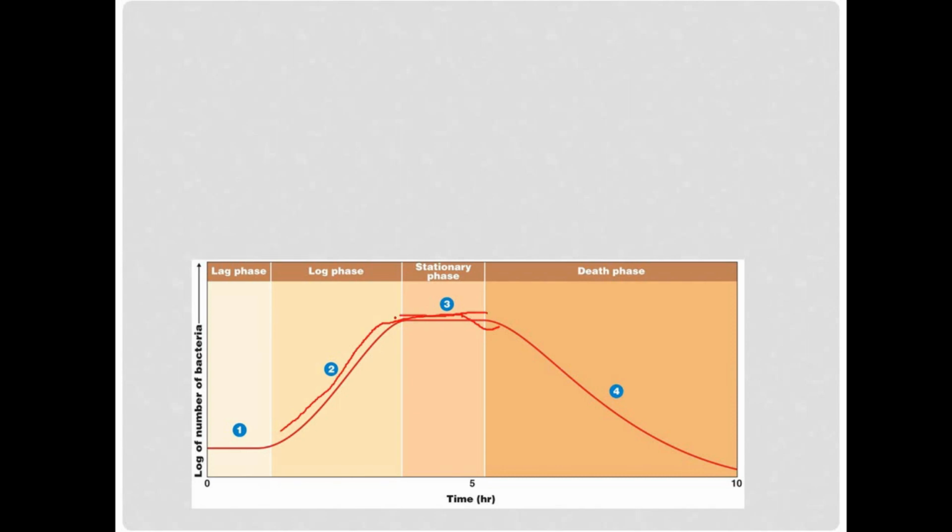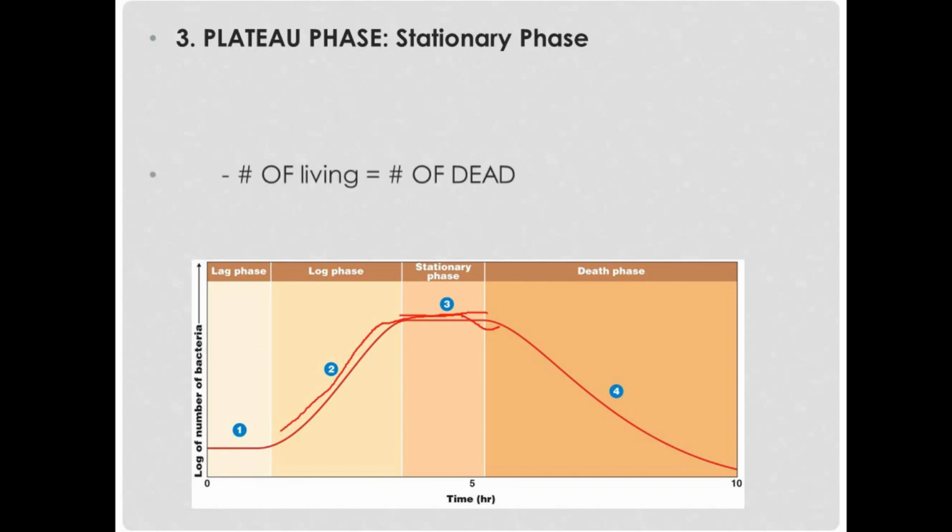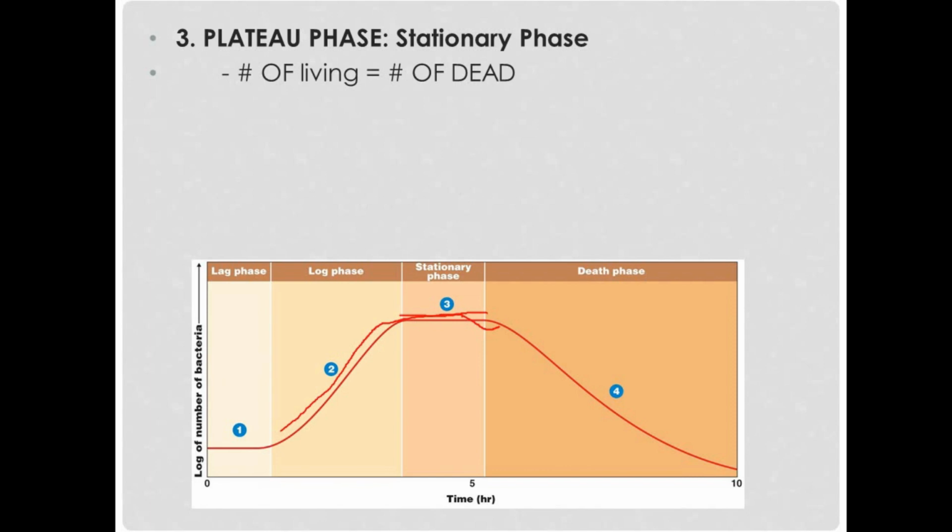Wala nang growth na nangyayari dahil naubos na ng mga microorganism ang food na nandoon sa culture media. In your stationary phase or plateau phase, the number of living organisms is equal to the number of dead. There is a lack of nutrients dahil marami na sila.